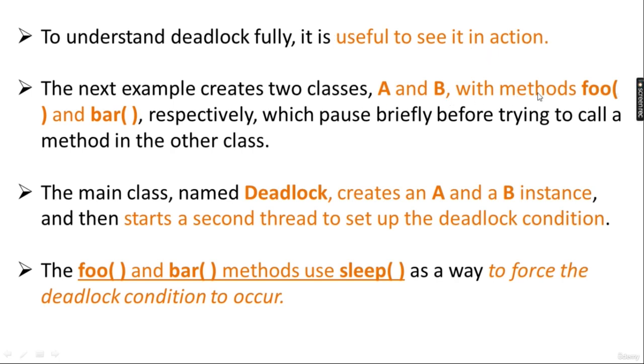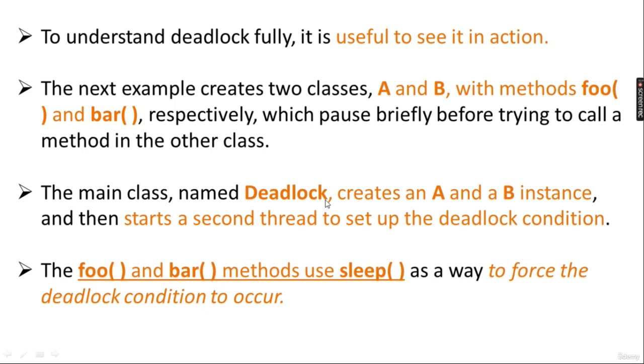There are two classes, A and B, with methods foo and bar respectively, which pause briefly before trying to call a method in the other class. The main class, named Deadlock, creates an A and B instance and then starts a second thread to set up the deadlock condition.